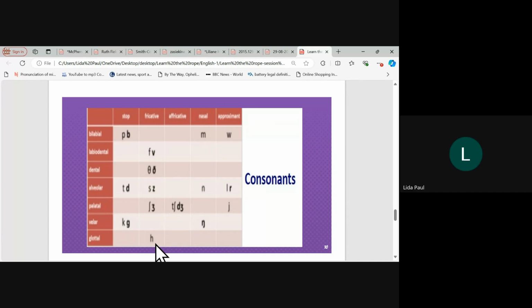What's the internal mechanism? Ma'am, uvula blocks the air. Not uvula. It blocks the air from the mouth and it goes through the nasal cavity. Uvula does have a role to play, but more than uvula, it's the velum. The velum is what gets lowered when you have the production of the nasal sound, right?